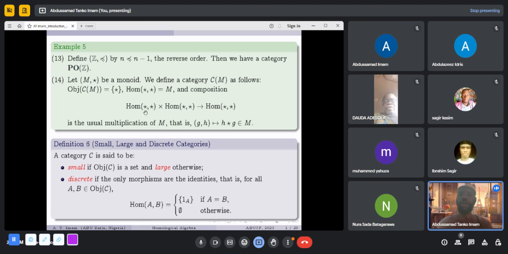And then you can define a composition law where if you take a morphism, which is now an element of the monoid, and you take another element of the monoid, you combine the two, and the composition will be h star g belonging to M, because the composition now is the usual multiplication of M. So you compose them by just doing the ordinary multiplication of M, and the identity will play the role of the identity morphism, because you are in a monoid.